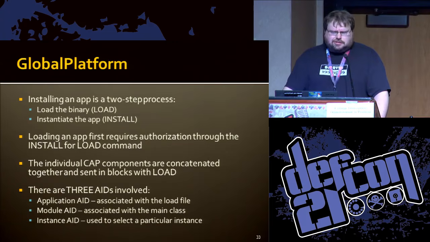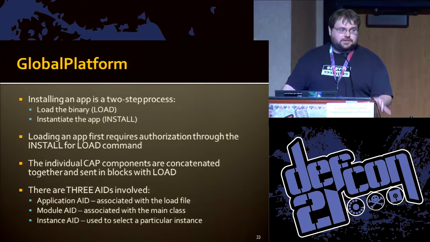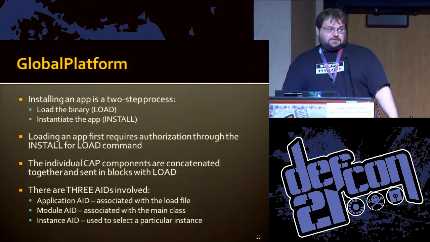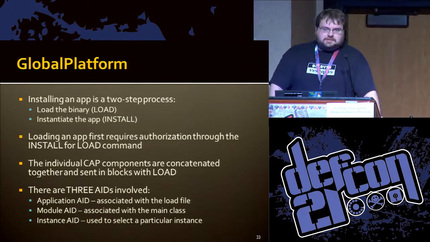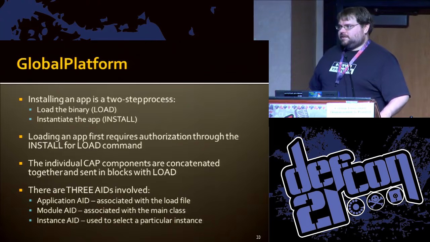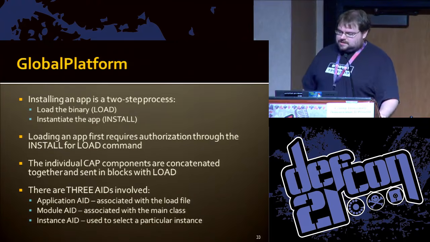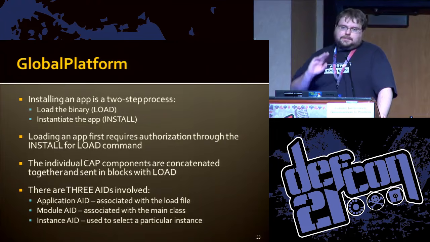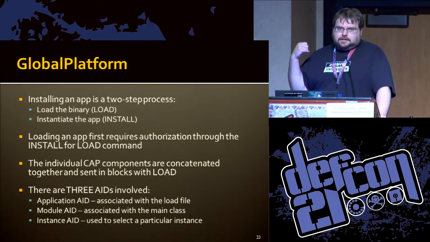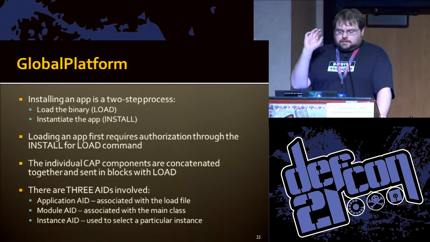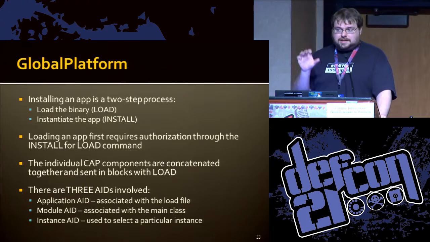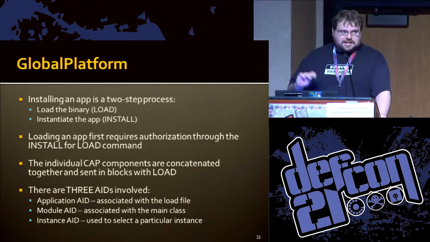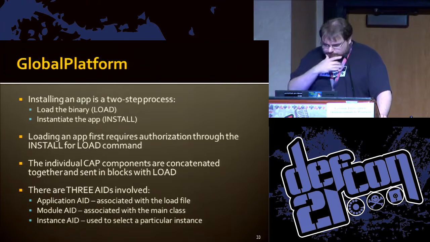Brief bit about actually how stuff gets loaded on here. So installation is a two-step process. You first load the binary, which is the install for load command, and then you need to instantiate that app by doing the install for install command, which basically you give it the application ID of the binary package that you sent to it, the application ID of the main class to use, and an application ID that you want assigned to the main instance.